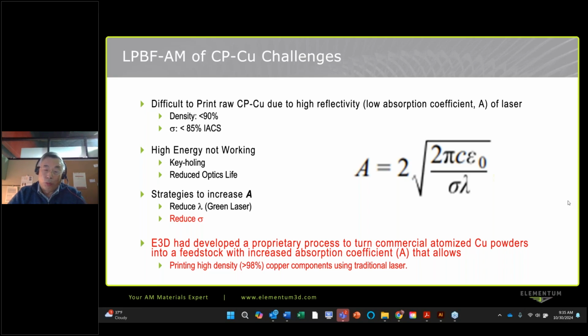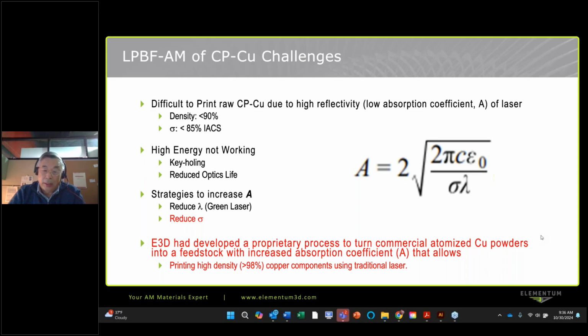And so at Elementum 3D, we tested all major copper producers worldwide, and we found the same problem. And you can't use high energy because high energy printing will give you other problems like keyholing, and you will have reduced optical life for the laser, and basically you won't get a high density.